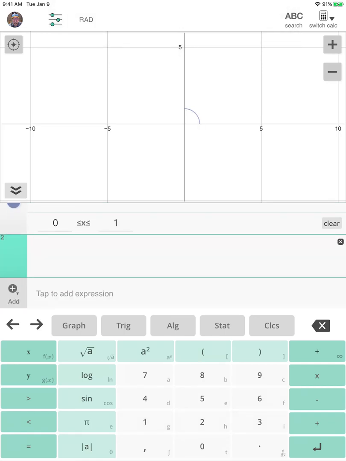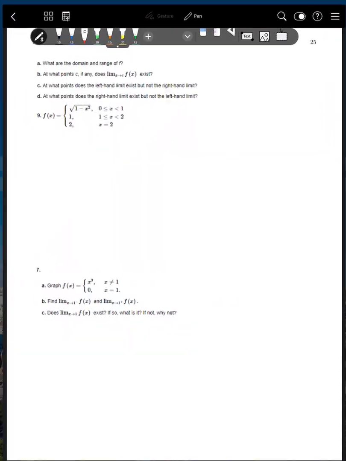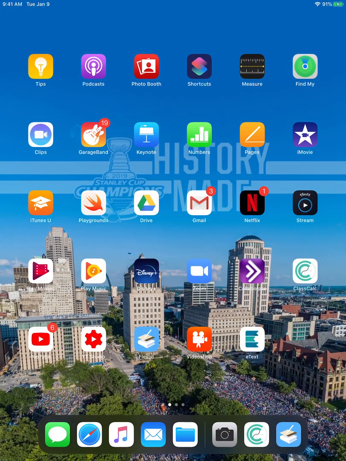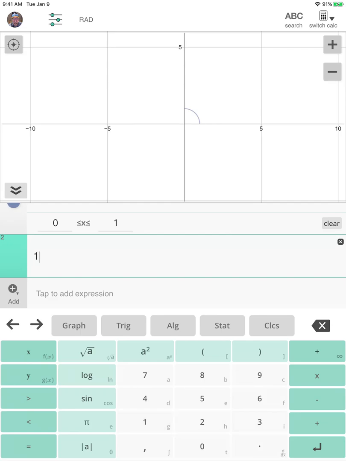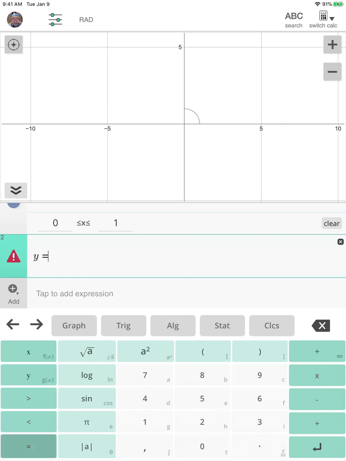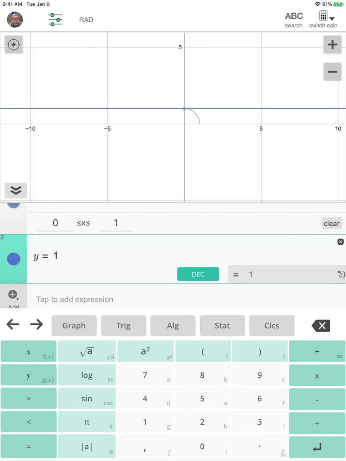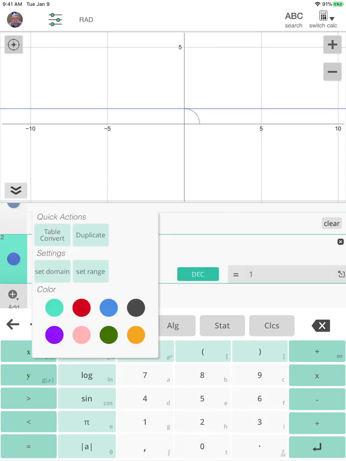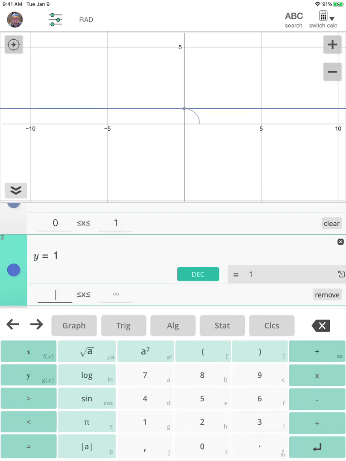Okay, then the next one is 1. Actually, let's do y equals 1 to make sure that graph's right. And then we can set its domain, which was from 1 to 2.